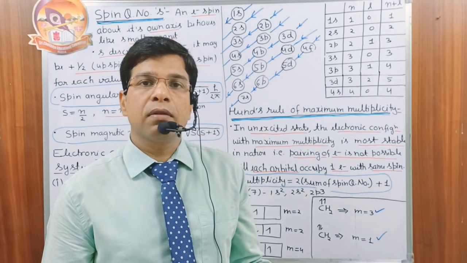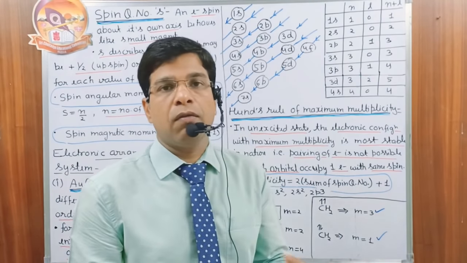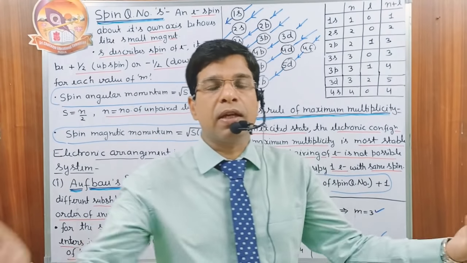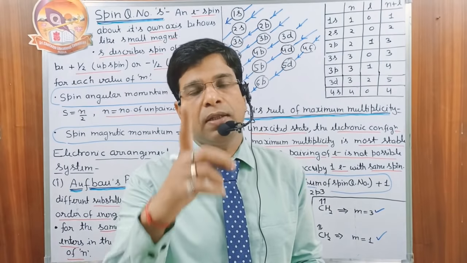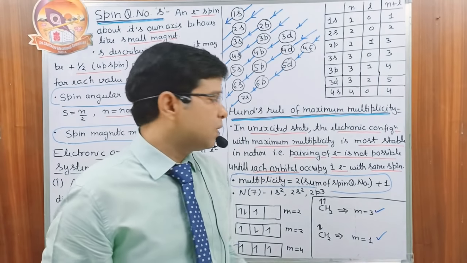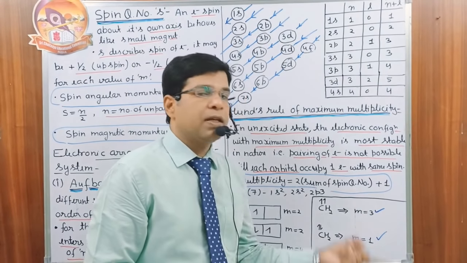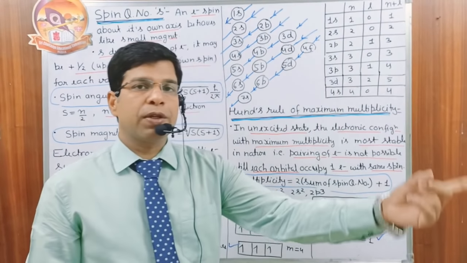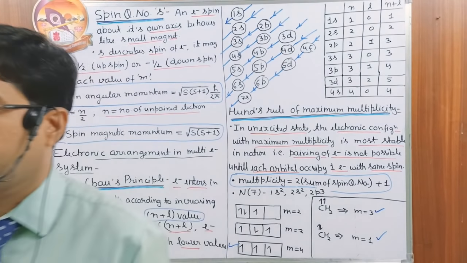So these are the indications of the multiplicity. Triplet carbene has 3 multiplicity, singlet carbene has 1 multiplicity. And triplet carbene is more stable than singlet carbene because of maximum multiplicity.